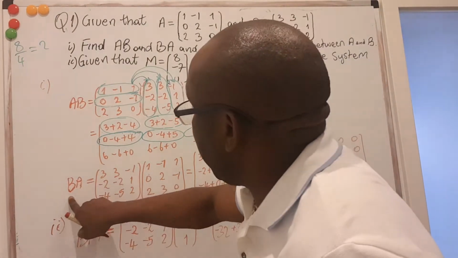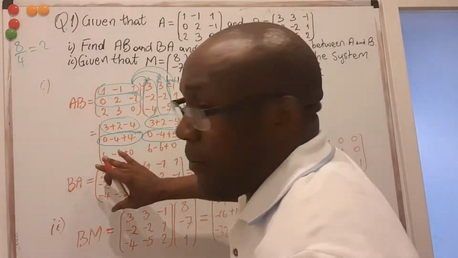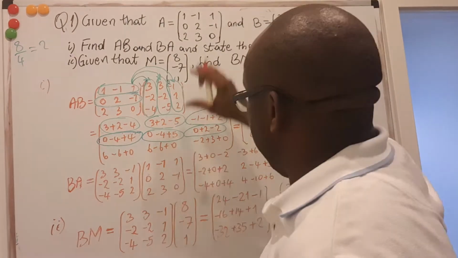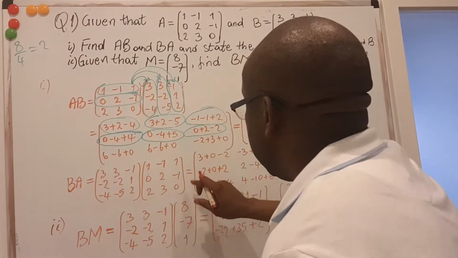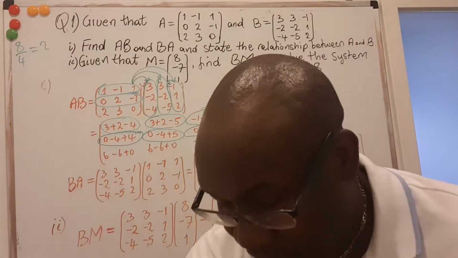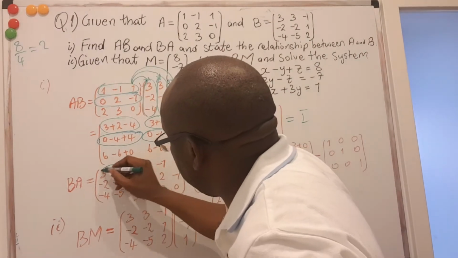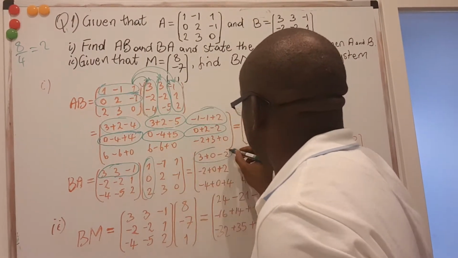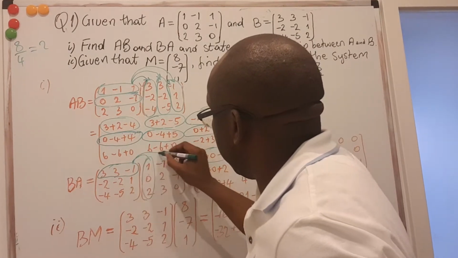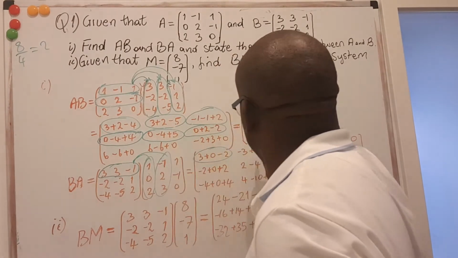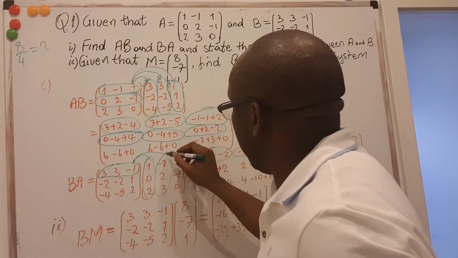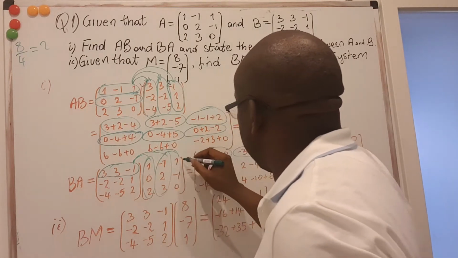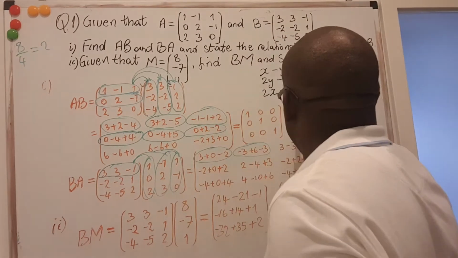So now if you multiply B times A, I just take the matrix B, I put it before, and the matrix A I put after. If I do that, I would do exactly the same way I already explained to you there. I would take this, I multiply by that to get the first entry there, I multiply by this to get the second entry, I multiply by that to get the third entry.